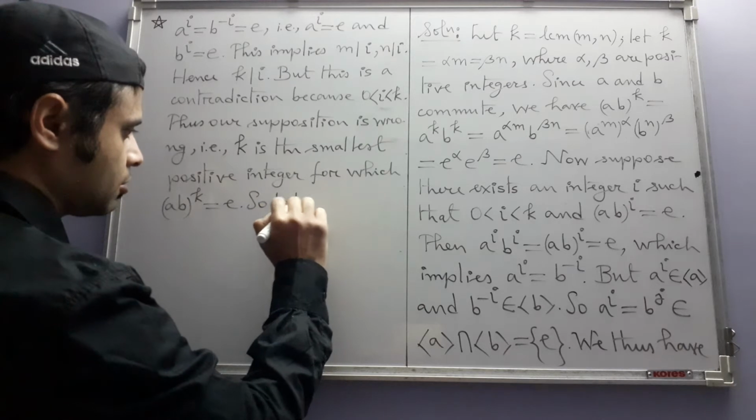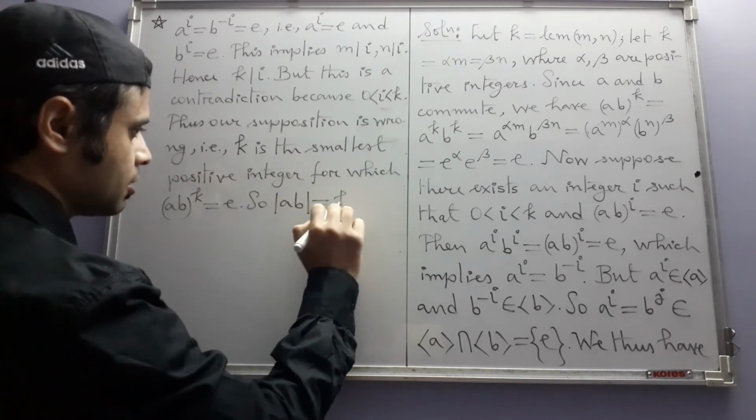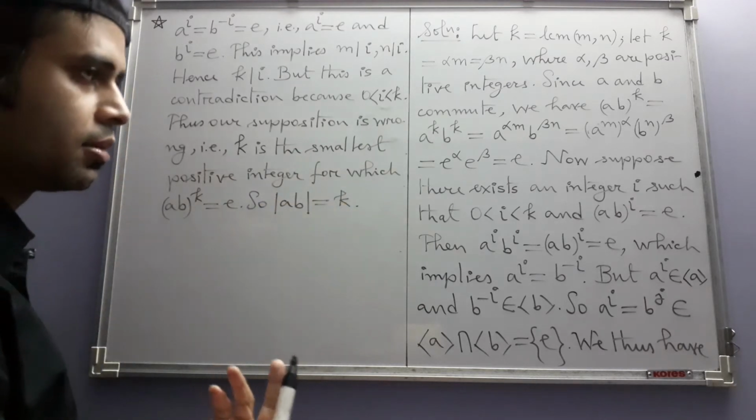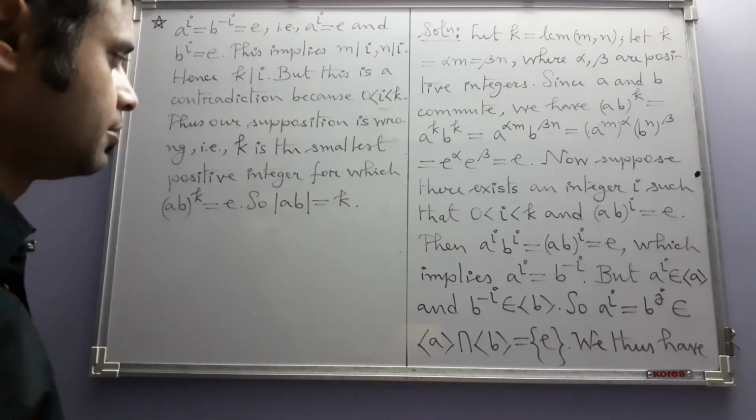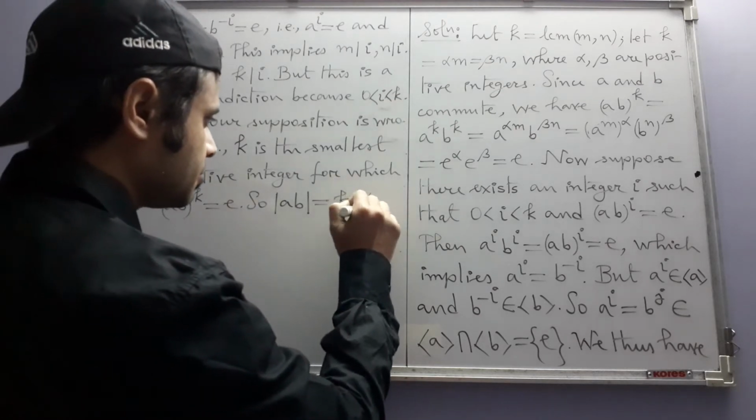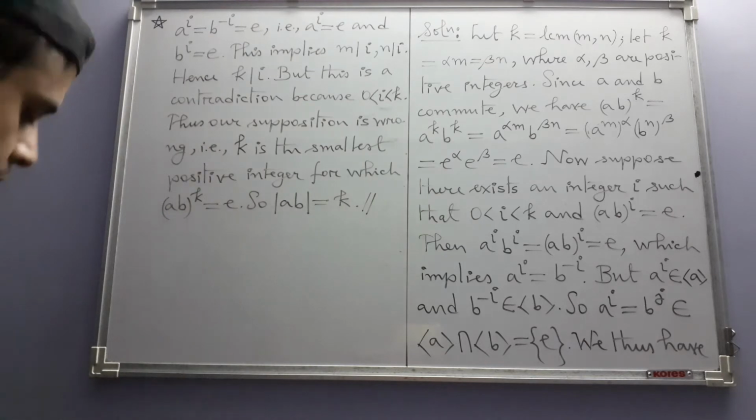So, the order of AB is equal to K, which is the LCM of M and N. So, this completes the solution.